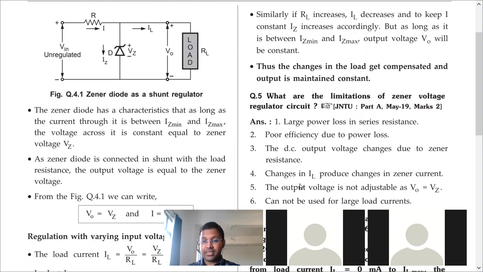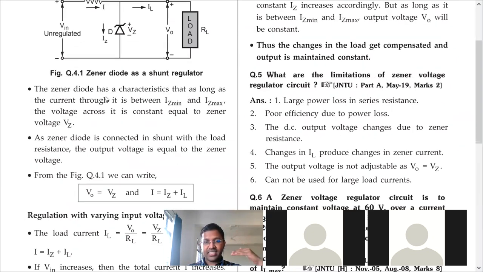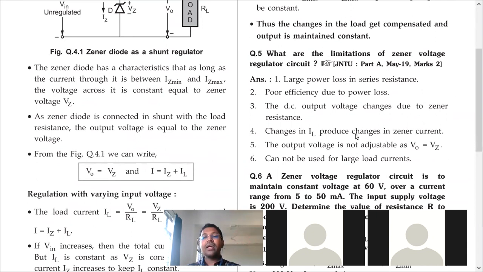What exactly happens there? We have seen IL changes, Zener current changes. Just now we have analyzed: if IL changes, IZ changes. Now IZ multiplied by the Zener resistance will be the Zener voltage, Ohm's law. Changes in IL produce changes in Zener current, and Zener resistance is non-zero, it has some value.